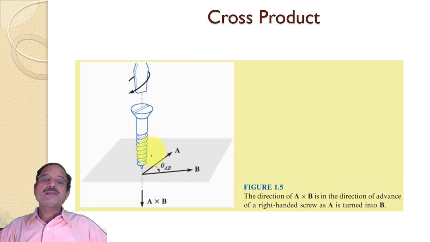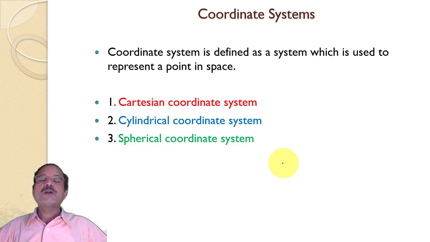If I rotate the right-handed screw in the clockwise direction, from a to b, the movement of the screw is downwards, and that represents the direction of the cross product between a and b. So this is about the cross product.